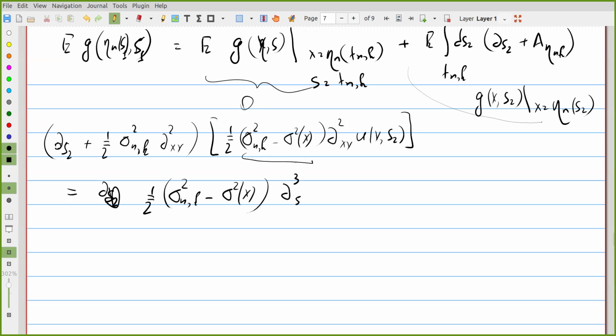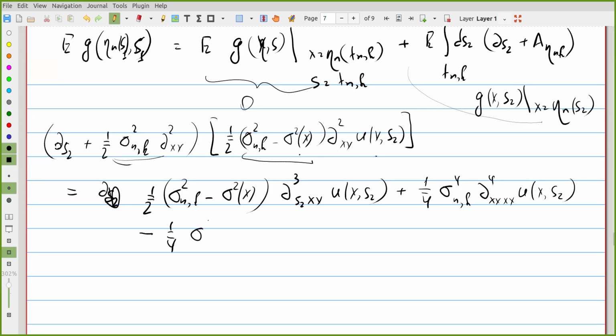And this will result in a mixed third derivative plus this one quarter, right? σ⁴ and k, fourth derivative of u_x, plus this multiplied by this, which gives us minus 1/4 σ² η_nk ∂²_xx σ² x ∂²_xx u_x(s2). I apply this operator to this part.